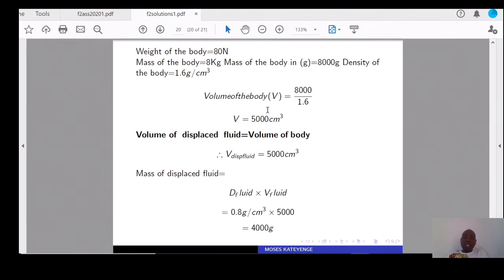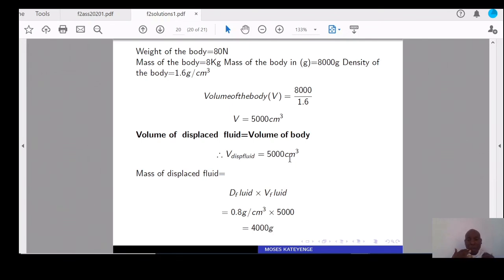So this implies that the volume of the body is going to be 5,000 centimeters cubed. Now this 5,000 centimeters cubed is the same as the volume of the displaced liquid. That's why we say here that volume of displaced fluid is equal to volume of the body. And so the volume of the displaced liquid in this case is going to equal 5,000 centimeter cubed.